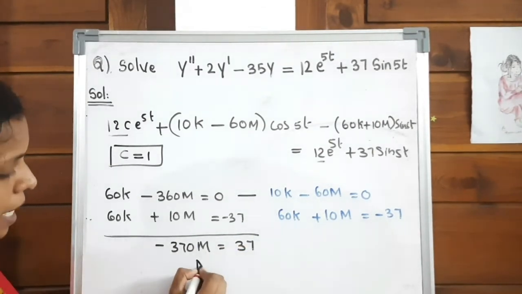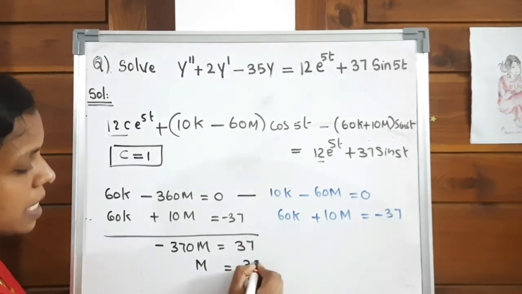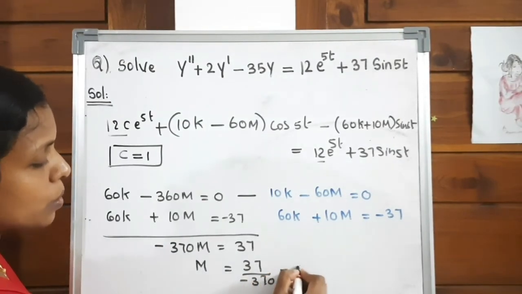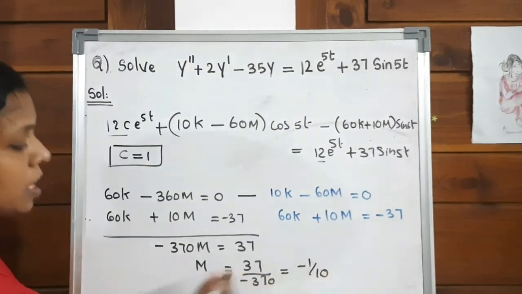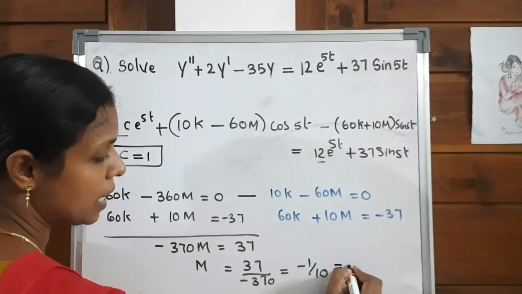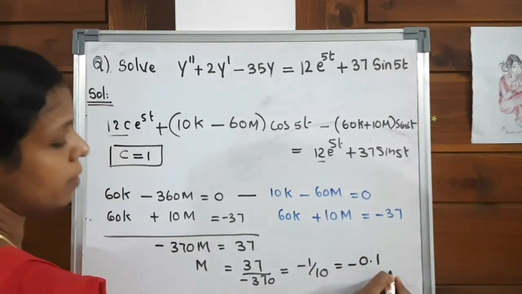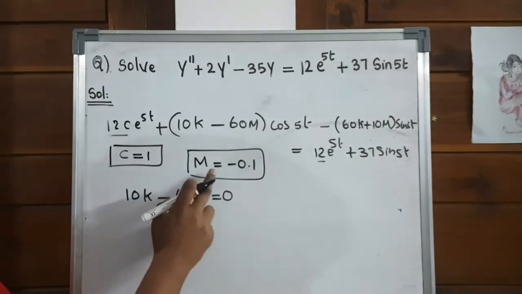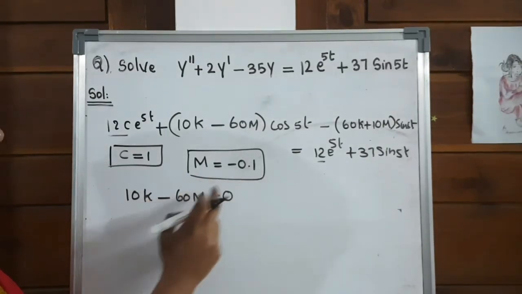We get m is equal to 37 divided by minus 370. That is equal to negative 1 by 10. Now we get m is equal to negative 1 by 10, that is equal to negative 0.1. Substitute the value of m is equal to negative 0.1 in this equation.